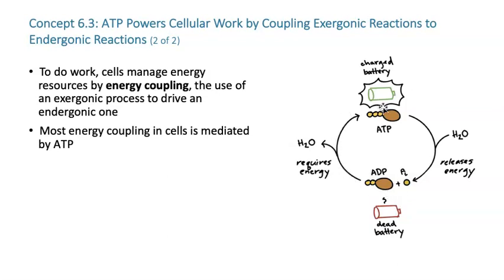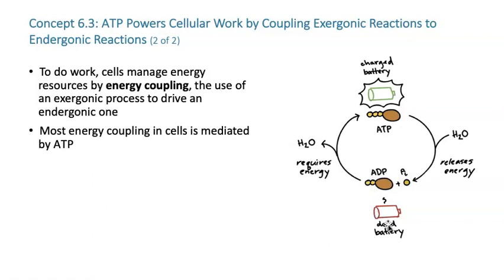Let's take a slightly closer look at the details here. We're going to get into a lot of details, but for now, here's our cartoon of ATP, and it's got 1, 2, 3 phosphates there on the end. Water comes in, and that's right, if water is coming in to break something apart, that's hydrolysis. So it breaks off one of those phosphates, and now we have ADP, adenosine diphosphate.